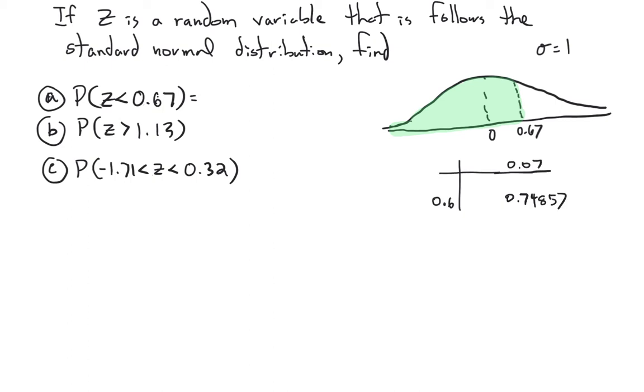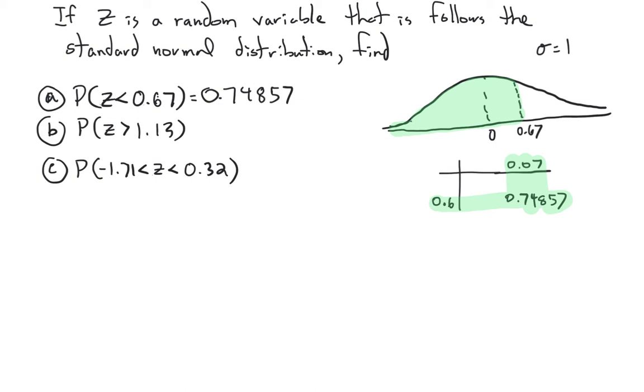So go across the 0.6 row and down the 0.07 column, and that's the number you get. And that kind of makes sense. This looks like it could be roughly 75% of the area under the curve. So we know that this is 0.74857.